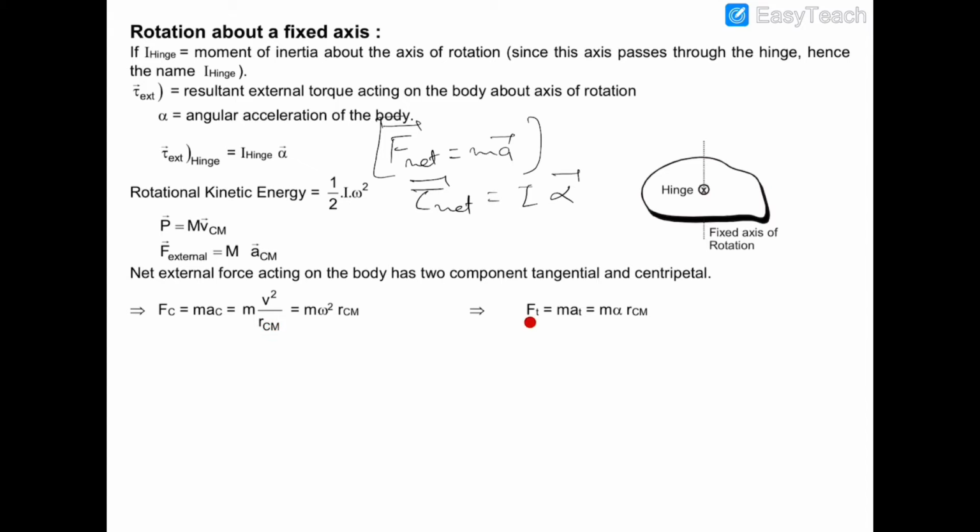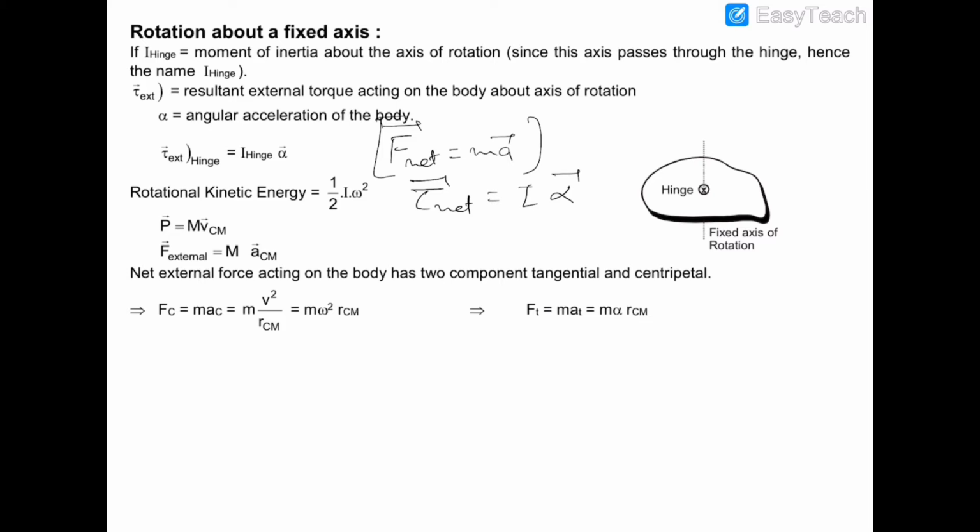And in the case of the tangential force, it is written as F is equal to m into a tangential, where a tangential is r alpha, and alpha is the angular acceleration. Again, r is the distance of the center of mass from the axis of rotation.